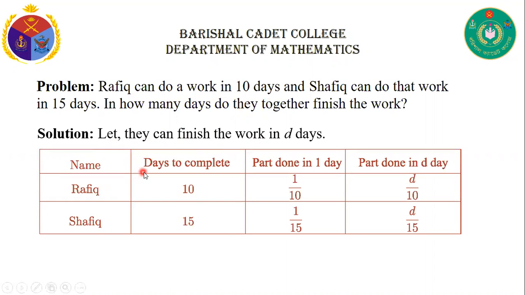Then, for Rafiq and Shafiq, days to complete are 10 and 15, and part done in 1 day is 1 by 10 and 1 by 15. And part done in D days is D by 10 and D by 15.